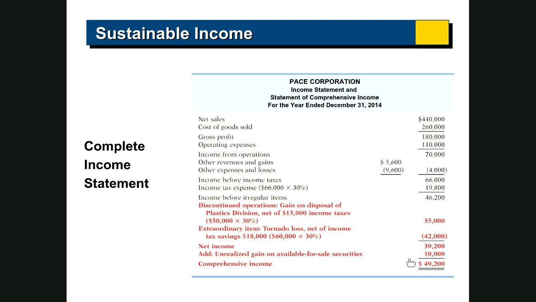The net income is going to be before that. You follow? The net income is not going to include this, because there is no tax on this item. There is no tax on this item because you did not sell. You follow? Unrealized gain or unrealized loss does not have any tax consequence.